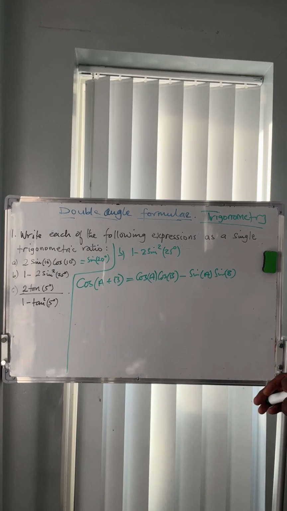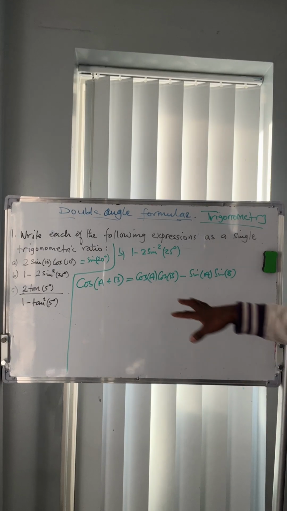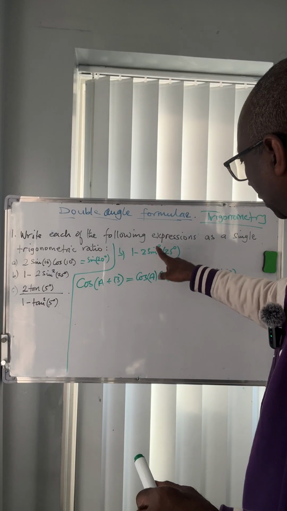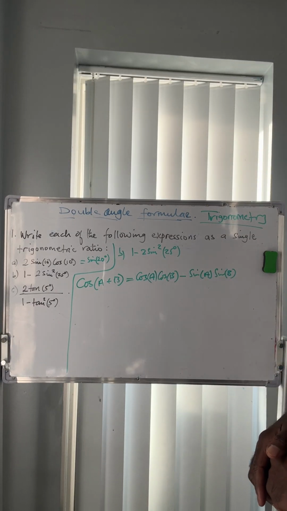Why do we choose this? We have chosen this formula because of the square. We see sine square here. Mind you, we are looking at the double angle formula.